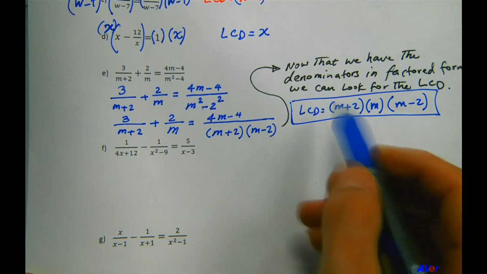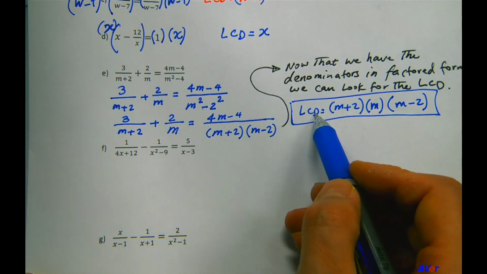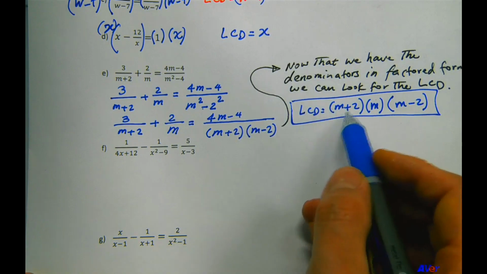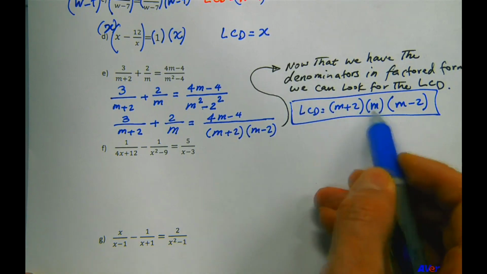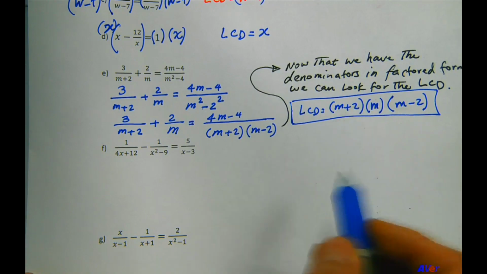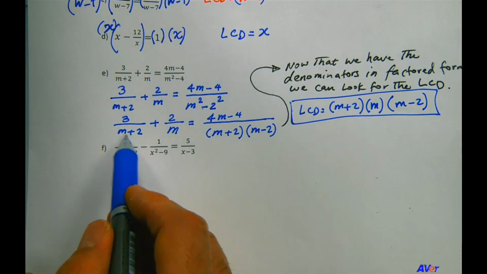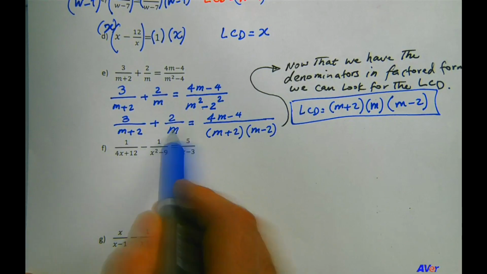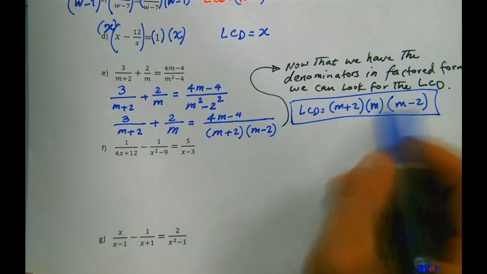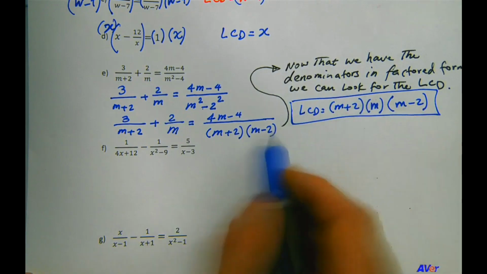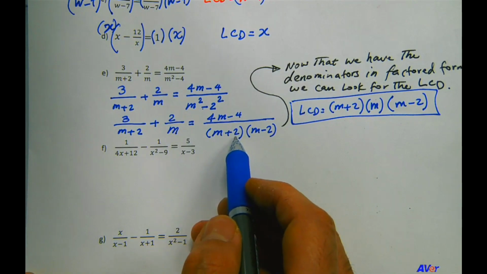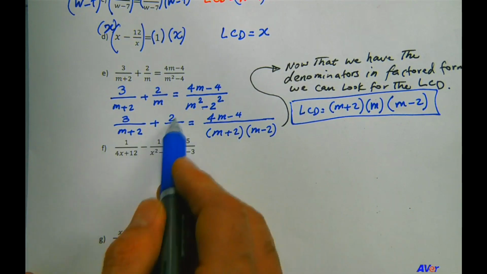I know we're calling this the least common denominator. That's true. But that also means that any of these factors that you see here must appear in the highest power that it appears under any single fraction. So the reason that none of these have higher powers than 1 is because none of these factors have higher than 1 power under any single fraction.